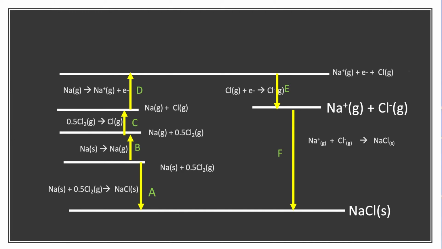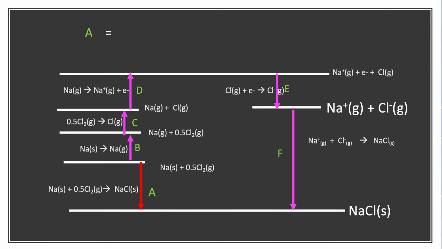So let's put some letters on those to make it a little bit easier for us to create a cycle. So let's have a look. Hopefully you can see that if I was to follow arrow A in that direction, arrow A is the same as following arrow B, C, D, E and F because they are all going in the same direction.